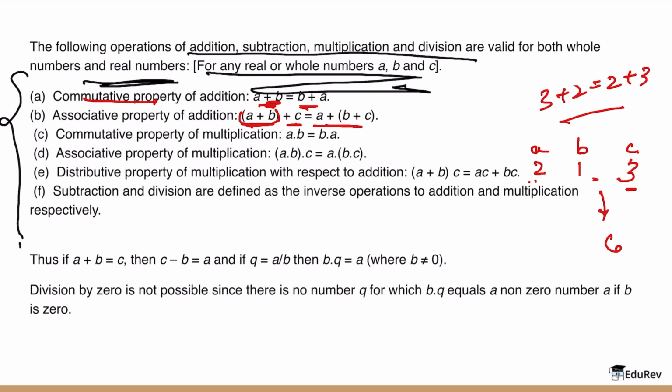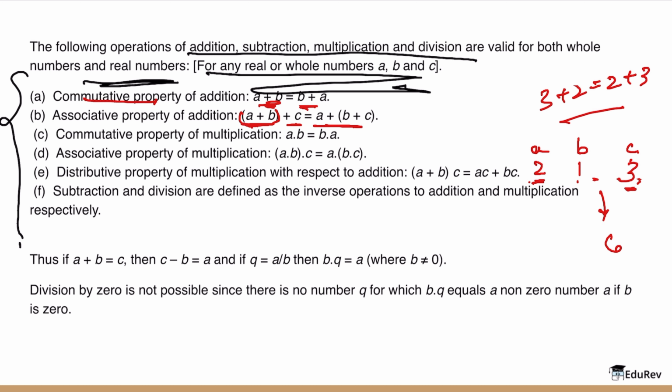And in fact, if I'm going to add number of bananas and number of oranges before adding number of apples, then still the addition is going to be 6. And if I'm going to add number of apples and number of oranges before I add number of bananas to it, in that case as well, the summation is going to be 6. So this is nothing but your associative property.